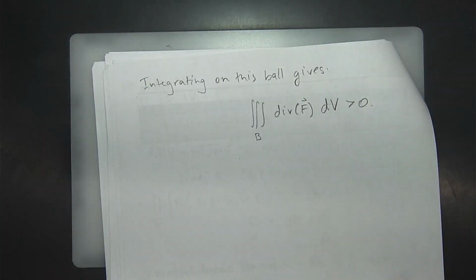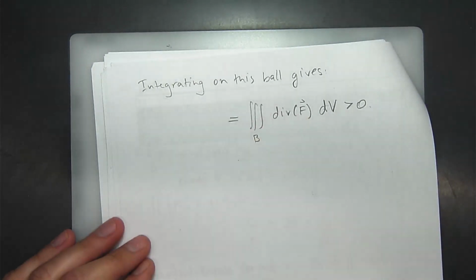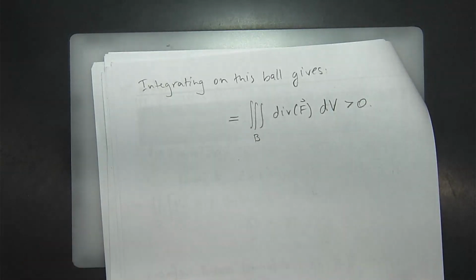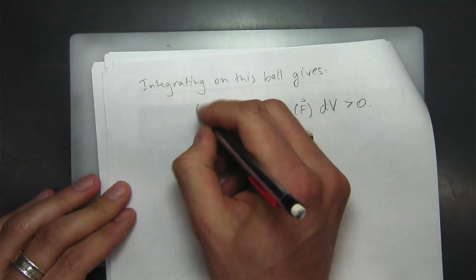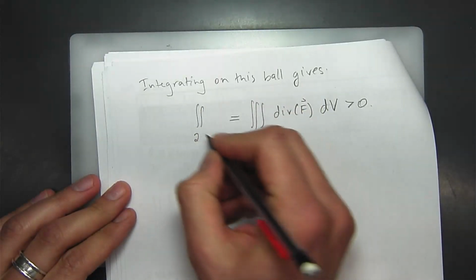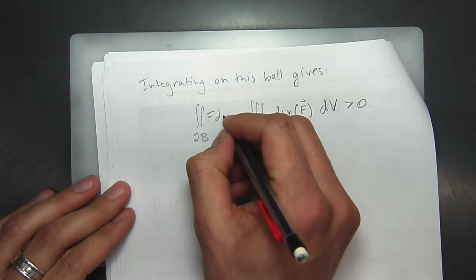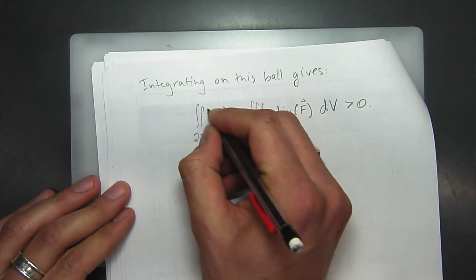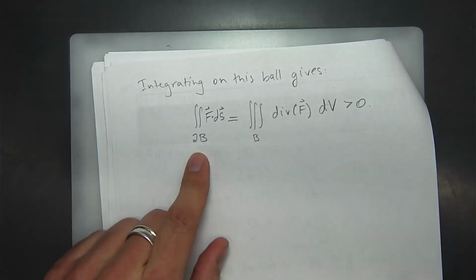Gauss says that's the same as the integral of the vector field over the boundary of the ball.